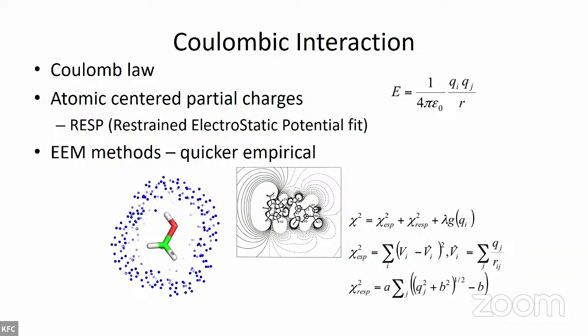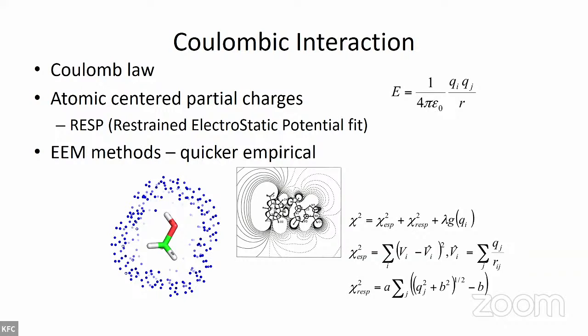So in order to make this calculation, and in order to mimic it as simply as possible, we basically take the surface of this molecule, and then we map what the electrostatic interaction is in those individual grid points. And then that will be our restraint in order to make the individual partial charges on individual atoms.